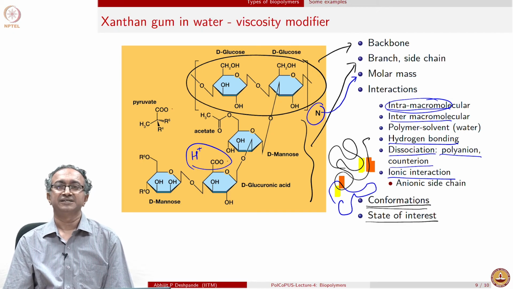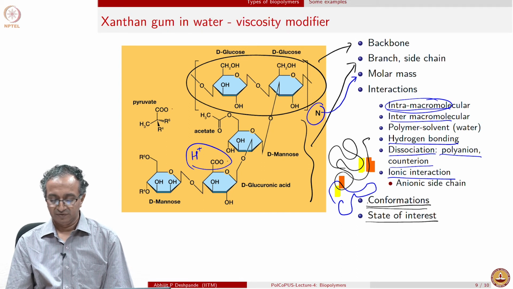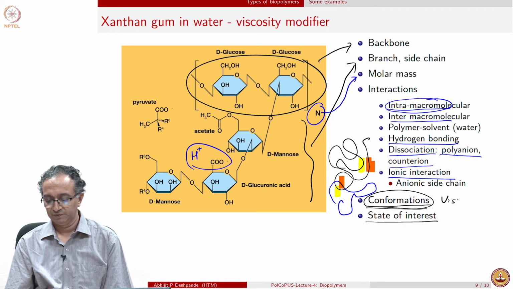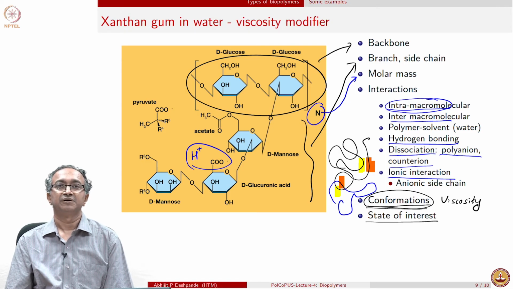In terms of application, it might help for you to think of why should conformation depend on viscosity. Why should viscosity be determined based on what type of conformation a polymer takes?